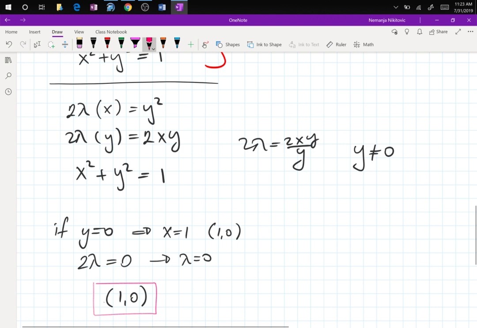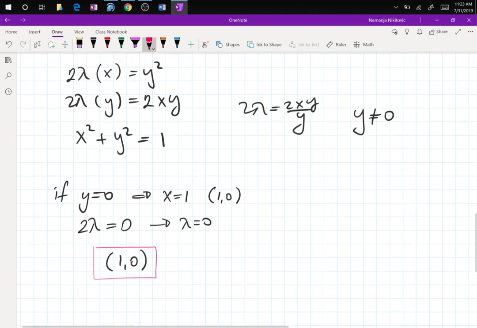Okay, so we have that 1 point now. So the rest is now solve the system. So this was like a little aside, because we said y cannot be 0, so that we can do the rest of the calculation. But then, because you don't know, you have to check if y is 0, and it worked out.